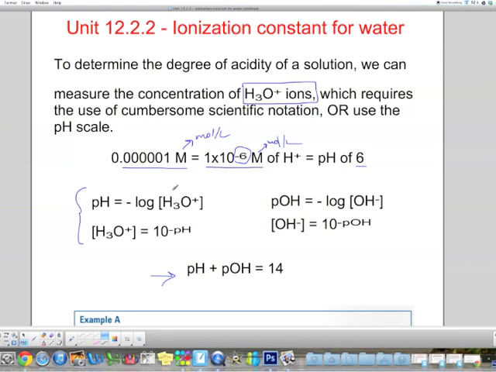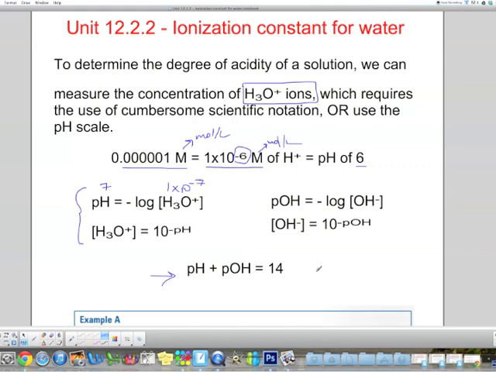I know that when I have a neutral substance, I have a pH of 7. When I have a pH of 7, that means that my concentration is 1 times 10 to the -7, right? So this corresponds to a pH of 7.